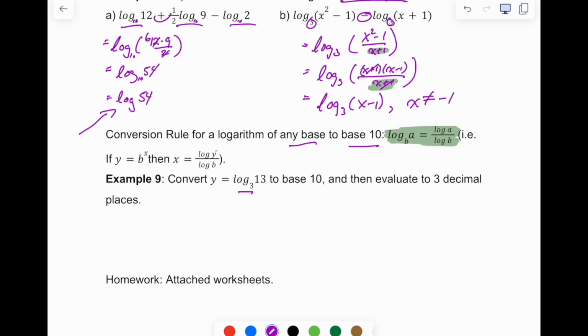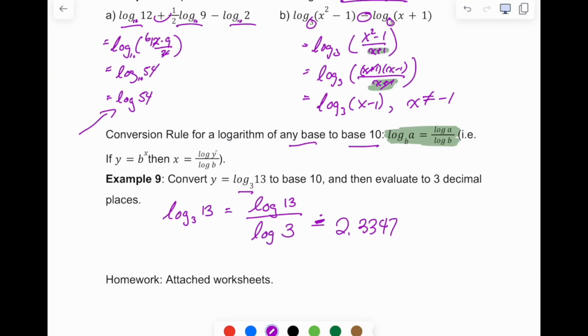So here log base 3 of 13, that's the same thing as log base 10 of my answer, which is 13, over log base 10 of my base, which is 3. So you put that into your calculator, we'll get an answer of 2.3347 roughly. Okay, so this is why you're given a question like this and you're allowed to use a calculator. This is how you get the exact answer.